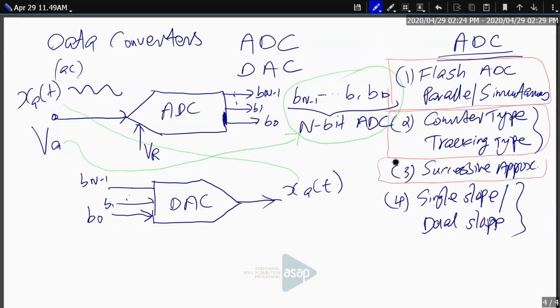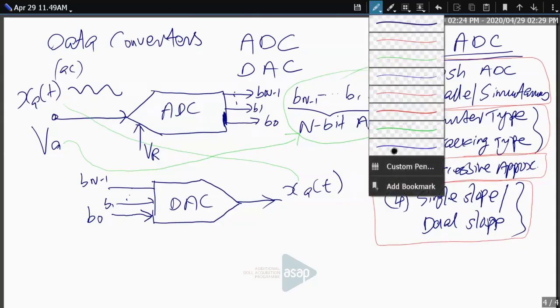So both are our requirements, analog to digital conversion and digital to analog conversion. First of all, we will think about the analog to digital conversion circuits, ADCs. So many approaches are there. Some of the important techniques we will discuss. Flash ADC, that is one thing.